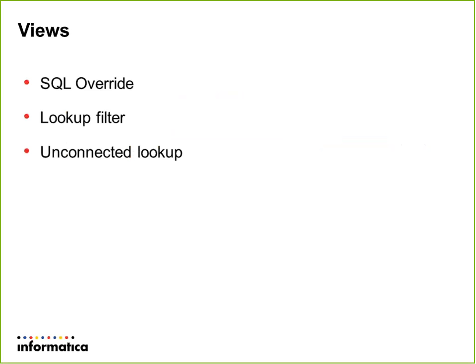A similar thing happens with the views. So whenever there is a SQL override in the view, or whenever there is a lookup filter, or if the lookup is unconnected, views need to be created in the database.